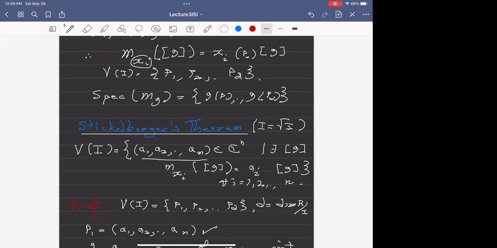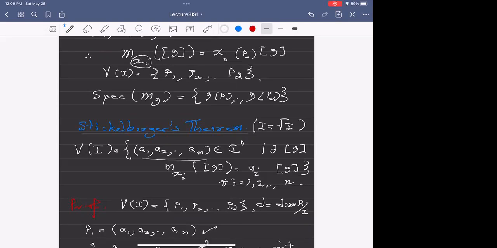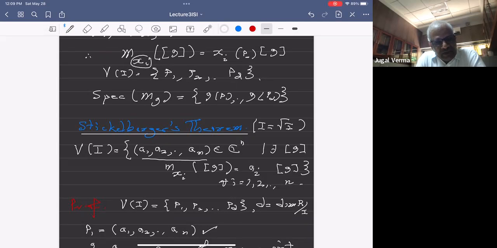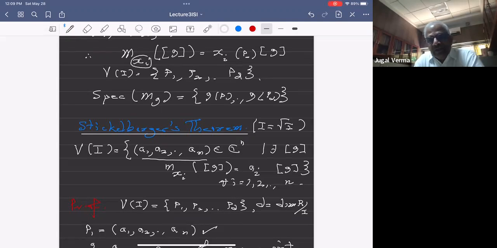But if we take an arbitrary subset, not possible. Yesterday in the tutorial it was proved: suppose I take the lattice points, the integers. That's one example. So not every subset is an algebraic variety. Right. Okay, any other question?